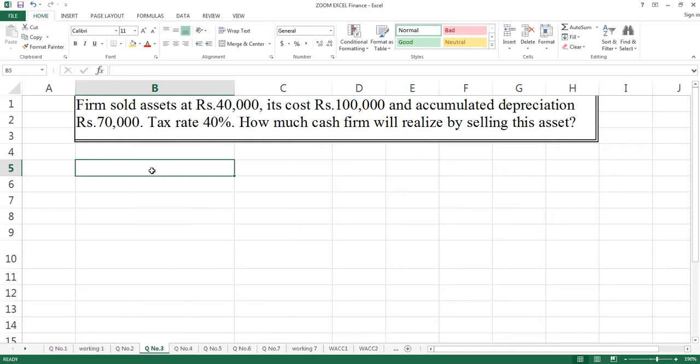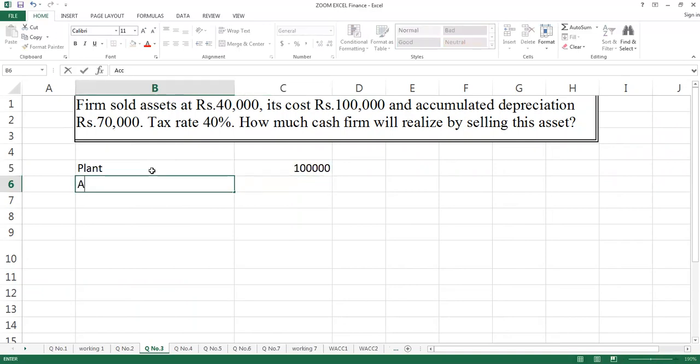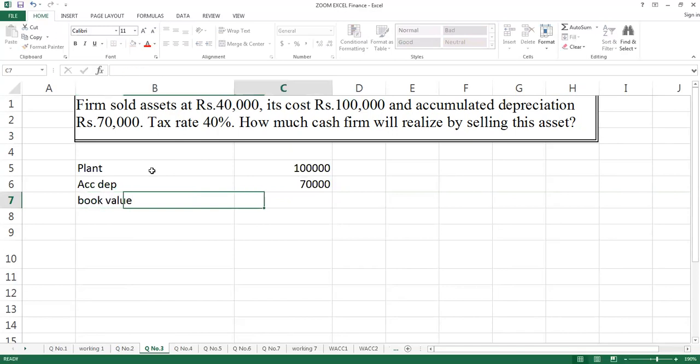So I'm taking the title as plant. Plant value is 100,000. Accumulated depreciation is 70,000. So what should be the book value? Do you know?